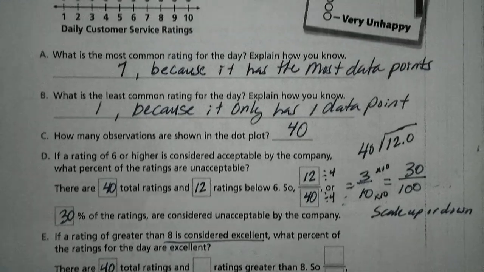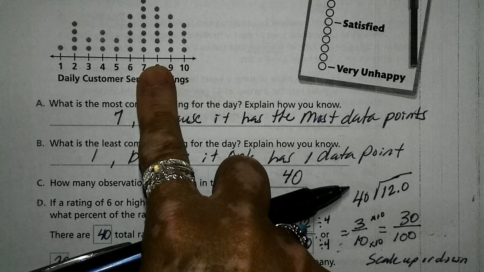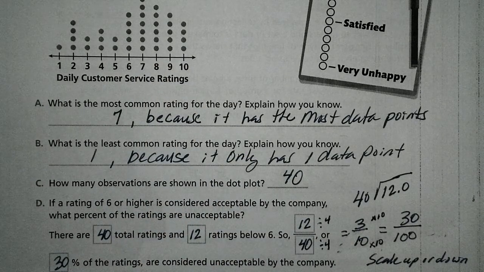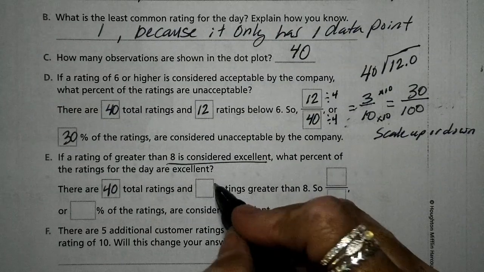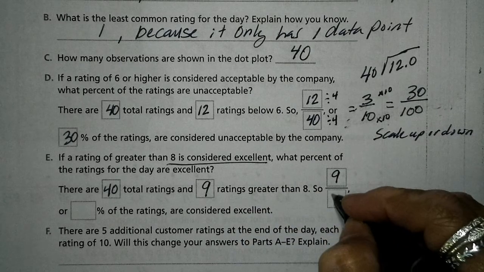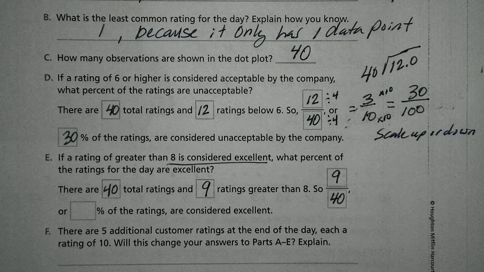Okay, so we're going to go 8. We can't use 8 because it's above 8. So how many 9s and 10s do I have? 9. Yep. So that would be 9 over 40.